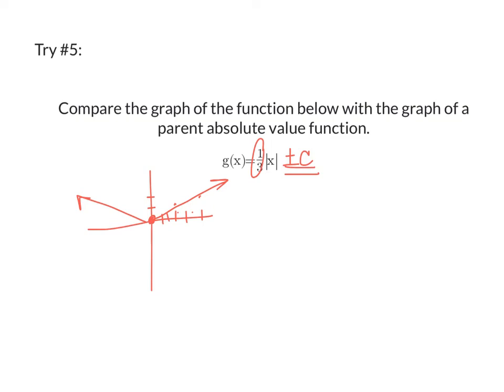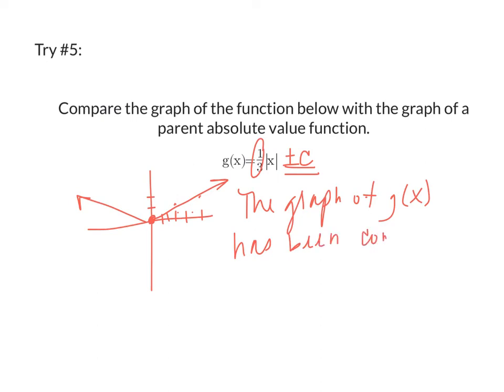Either way, this one is a vertical compression. So the graph of g of x has been compressed by a factor of 1/3.